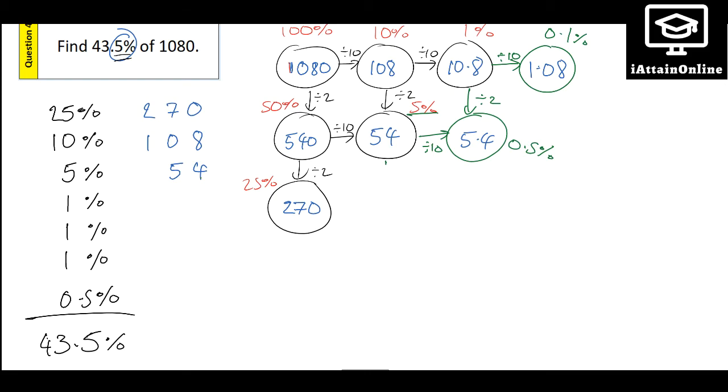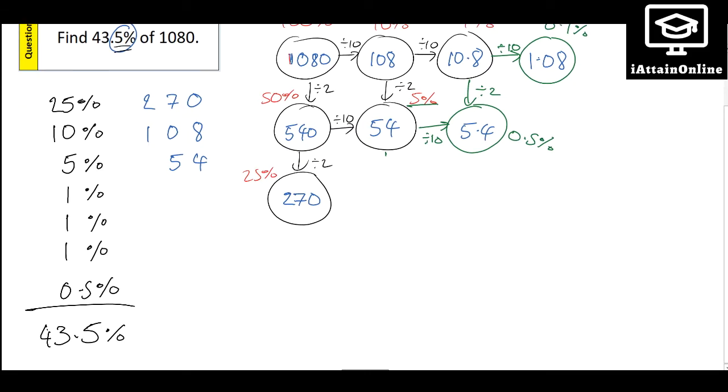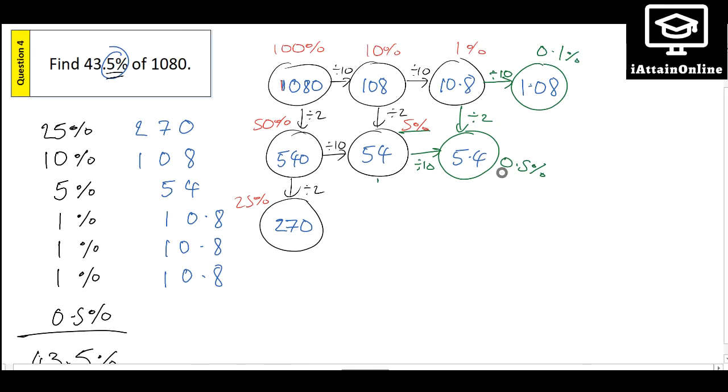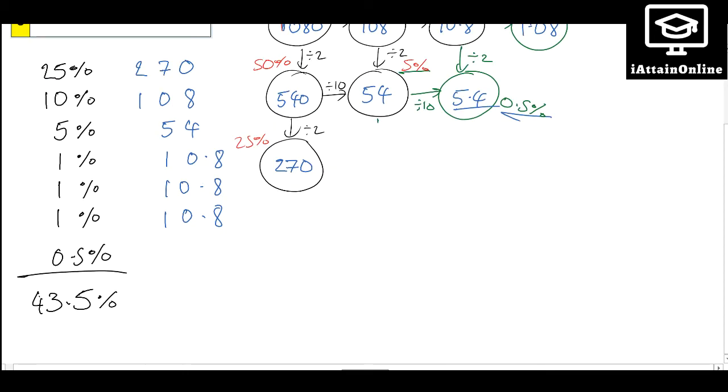The 1% was 10.8, another 10.8, another 10.8, and then the 0.5%, which was that extra bubble, was 5.4. Now it might be worth just filling in the point zeros on the rest of them there, and then we're just going to add these up.